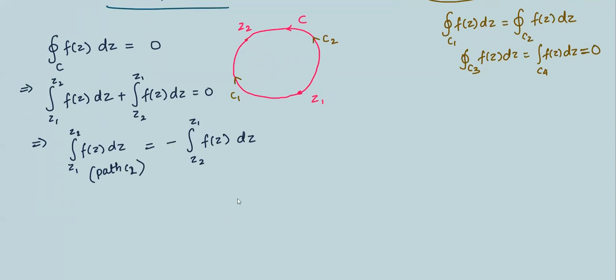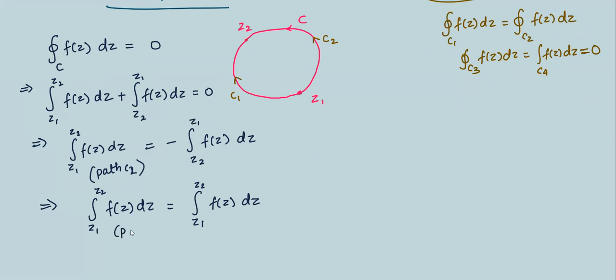Now there will be a sign reversal. This was a closed loop, right? This was along C2 and this was along C1.